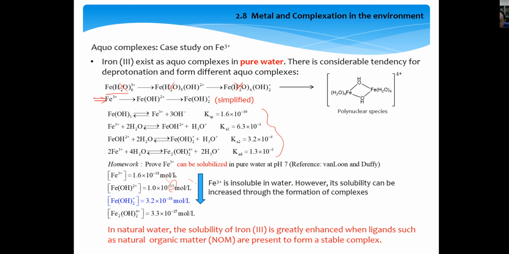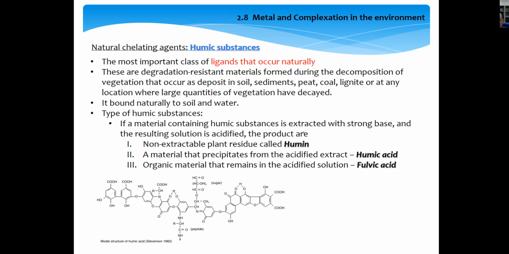So in other words, even though these metal ions are not soluble in water, they have a tendency to form complexes and become soluble in water. Later on, we will look at how natural organic matter can form complexes with metals and influence their solubility in water.